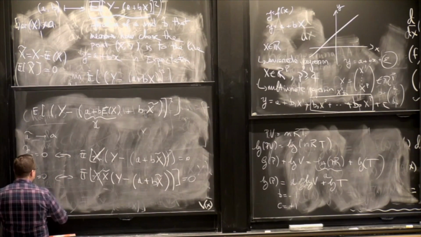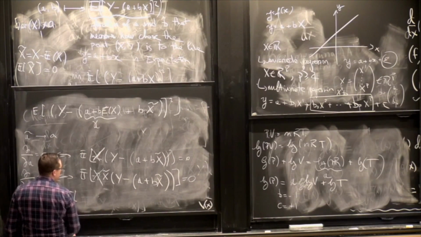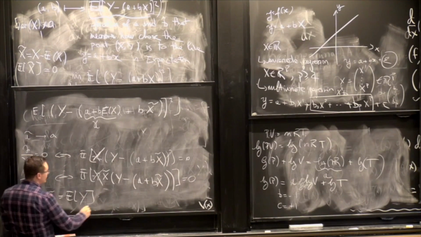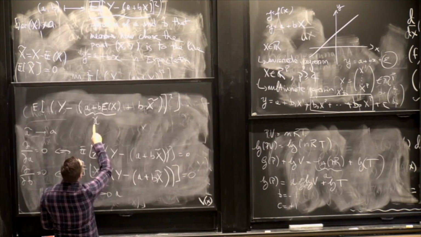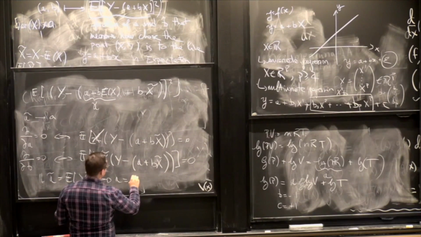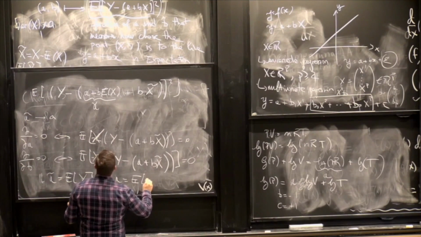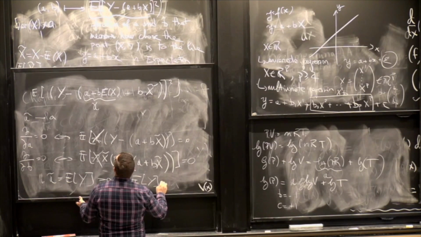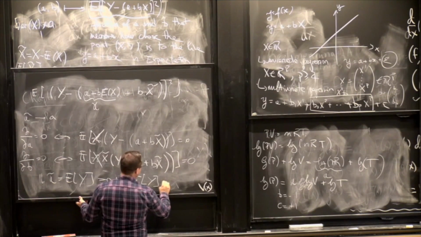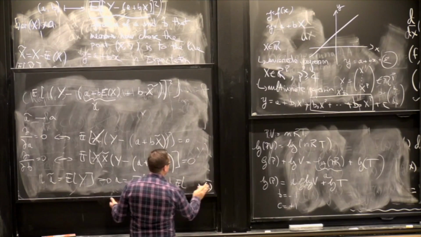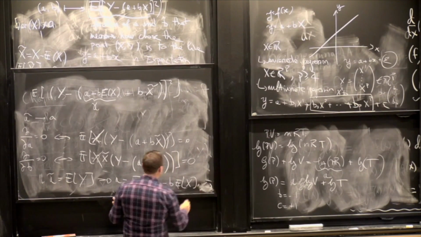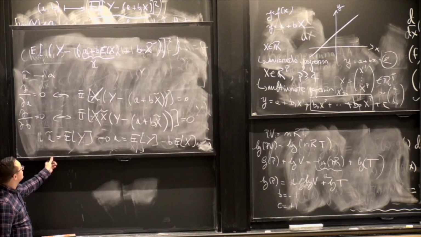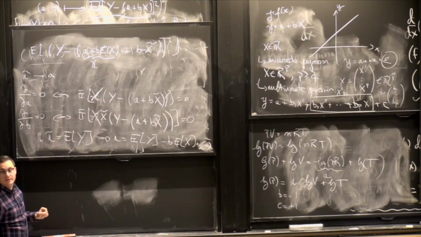So what I know is that a is equal to the expectation of y, and really that was a tilde, which implies that the a I want is actually equal to the expectation of y minus b times the expectation of x, just because a tilde is a plus b times the expectation of x.